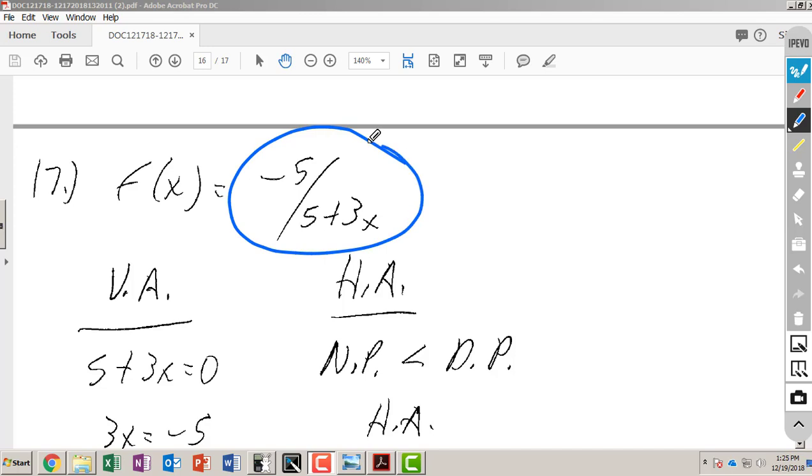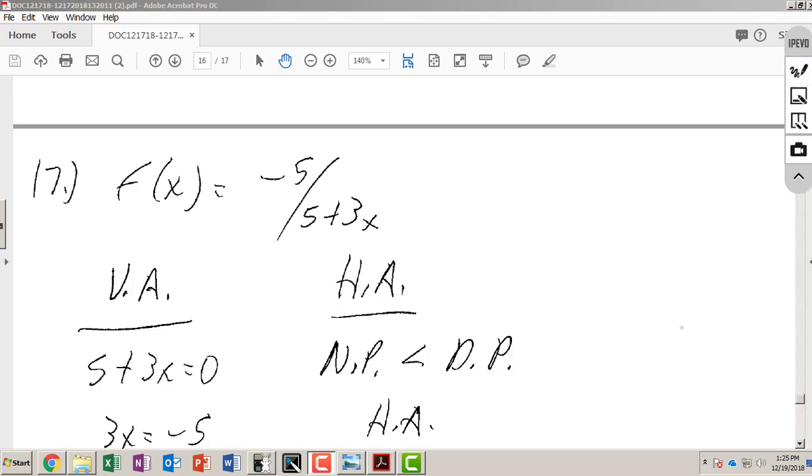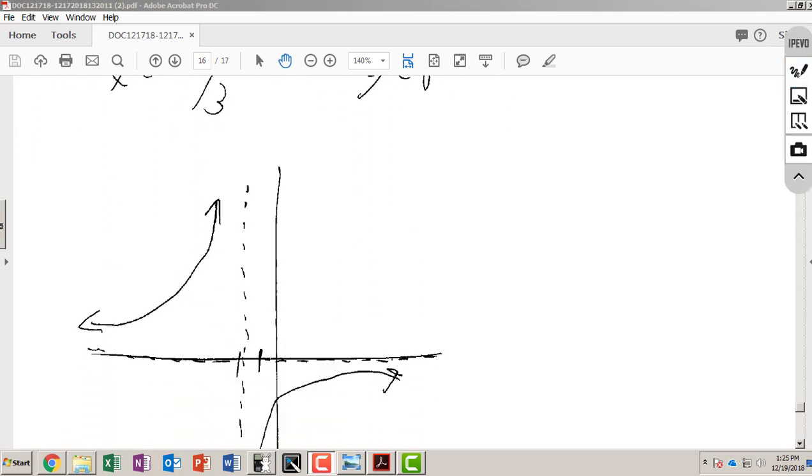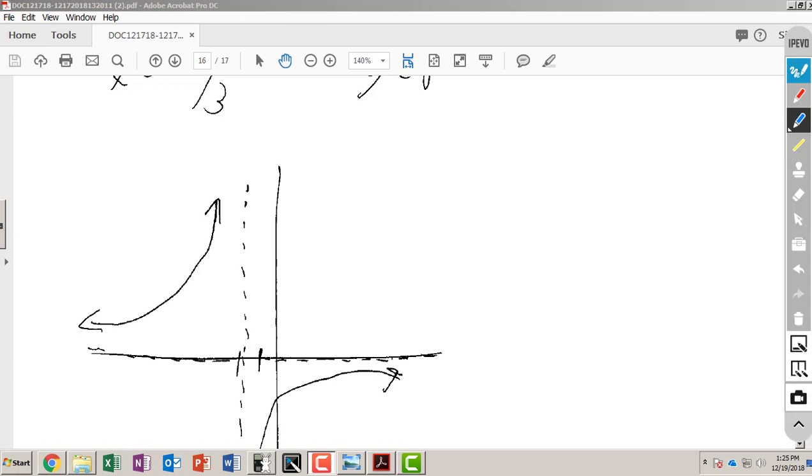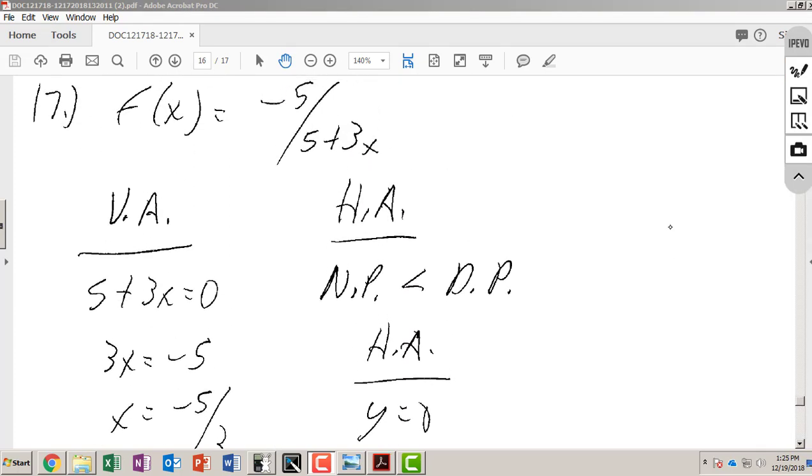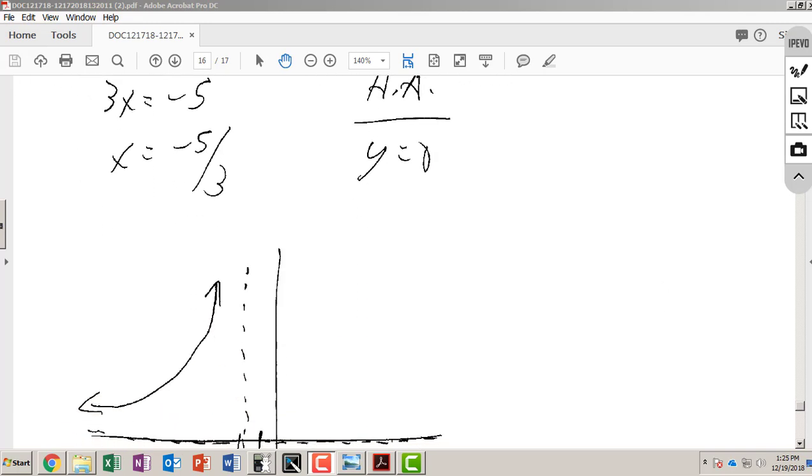I'm just going to find myself a point and plot that point. So I'm going to find a point over here on this side. I'll choose this point right here, which is x equals 3. I'm going to substitute that into my equation, which was -5 all over 5 plus 3x.